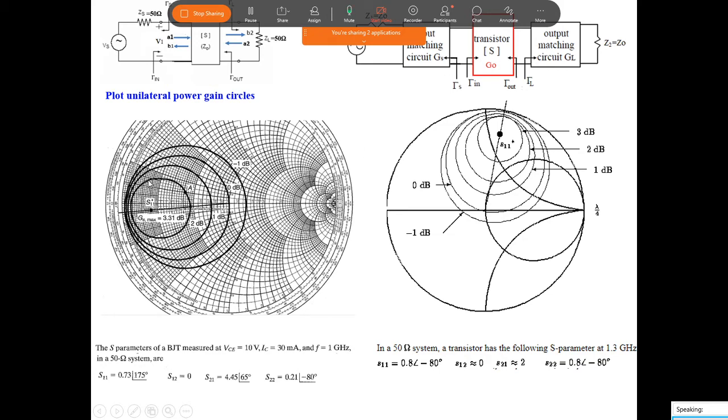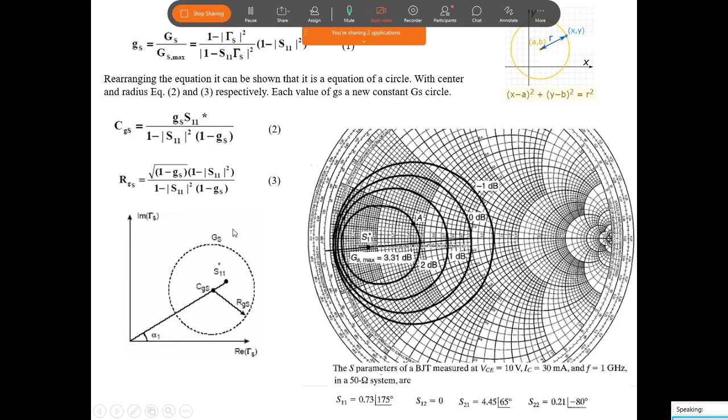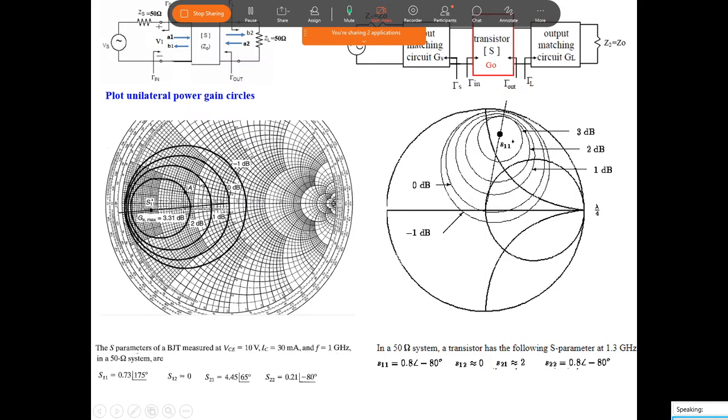So based on our gain, we have to find a value of ZS. Actually, there are many different values of ZS that will give a particular value of gain. For 2 dB, for this particular transistor, we have a 2 dB circle like this.